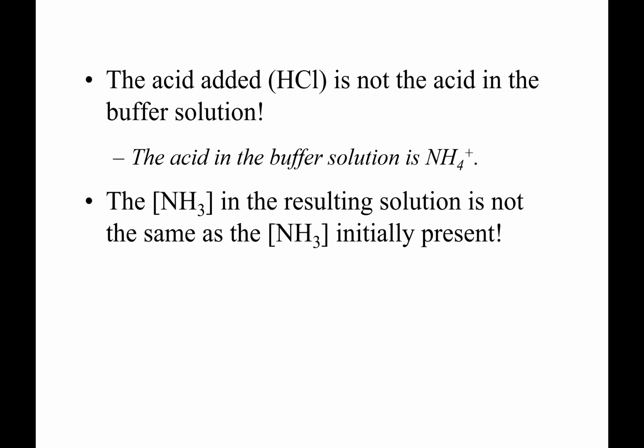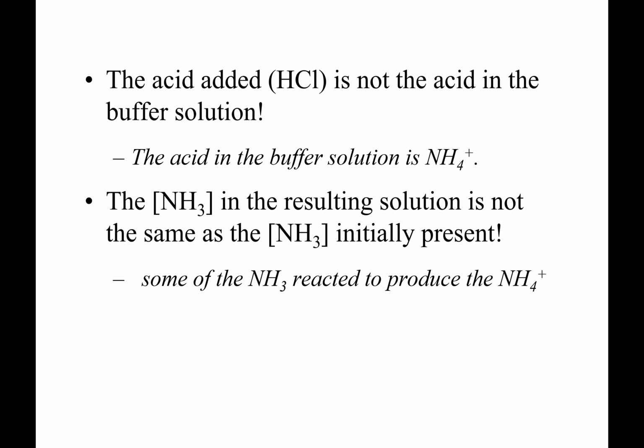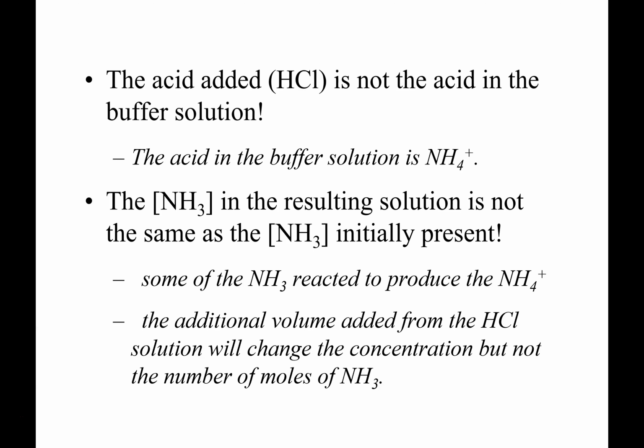You have to envision that this molar concentration is going to go down. It's not going to be 0.123 molar after we add HCl to it. Some of that NH3 will go to form our NH4 plus. And we're going to assume that the volume that we add from the HCl doesn't change our 150. Seems reasonable.